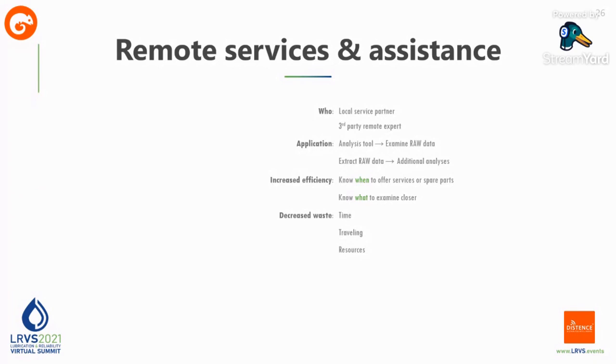With the first line of defense now secured by technology, the second line is formed by remote assistance from either a local service partner or a third-party remote expert that can be sourced anywhere on the globe to examine the raw data from the built-in analysis tools, or to extract this data to run additional analyses.